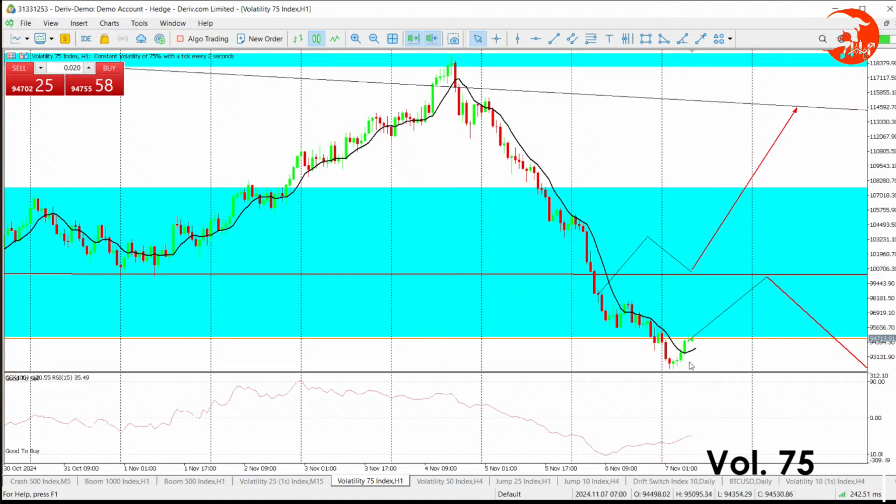Alright, and you can even see the structure of these candles is very weird. It shows you that it has low momentum.